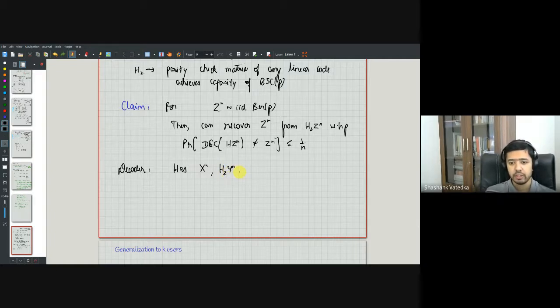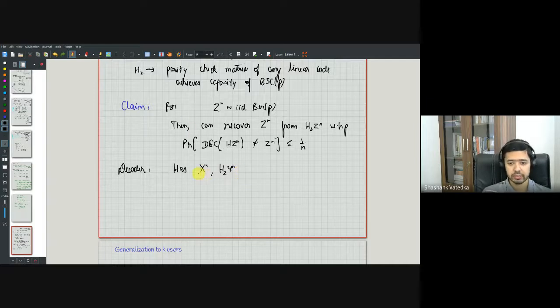Correct? But now note that yn is not Bernoulli p. Xn and yn separately are Bernoulli half. So just from H2 times yn alone, it's not possible to recover yn. All right, but we'll see that it's possible to recover both xn and yn.